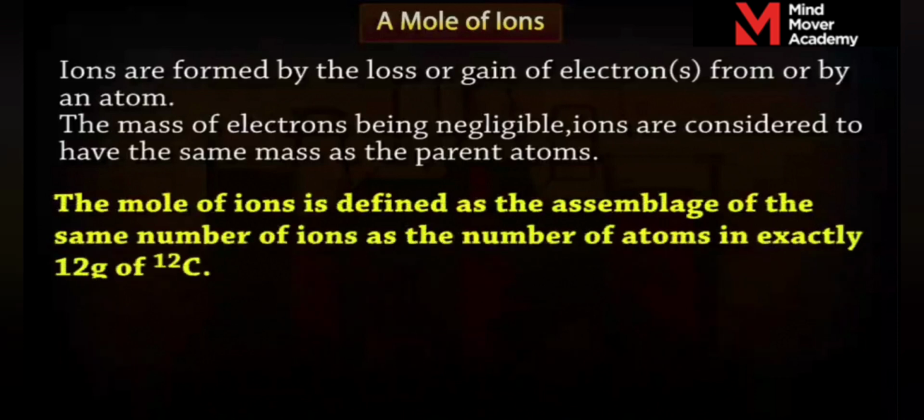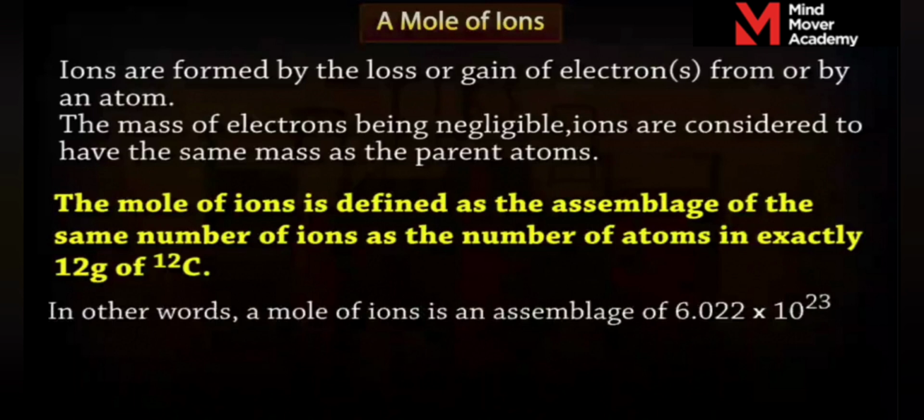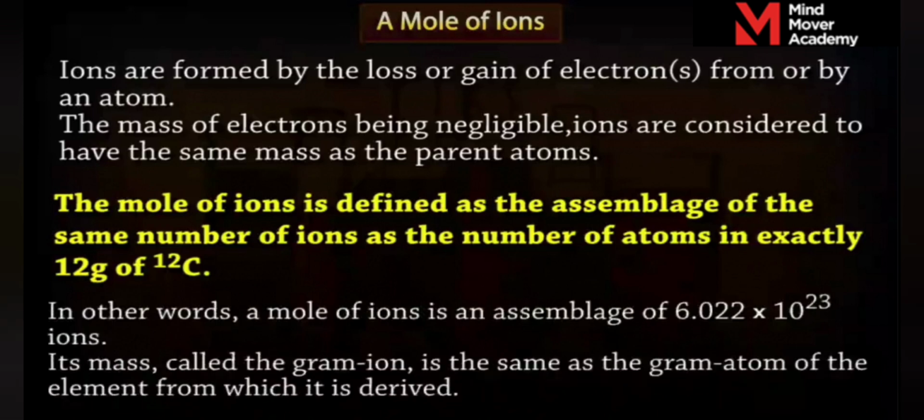A mole of ions is defined as the assemblage of the same number of ions as the number of atoms in exactly 12 grams of C12. In other words, a mole of ions is an assemblage of 6.022 × 10^23 ions. Its mass, called the gram ion, is the same as the gram atom of the element from which it is derived.